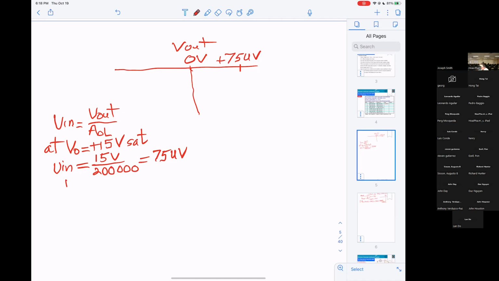And V out at the negative saturation is given to you as minus 75 microvolts. That means right here.